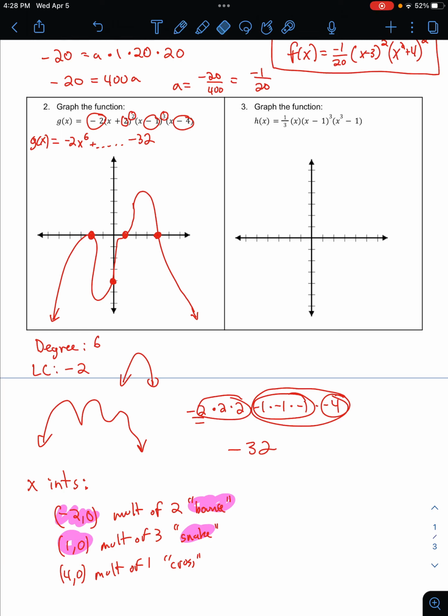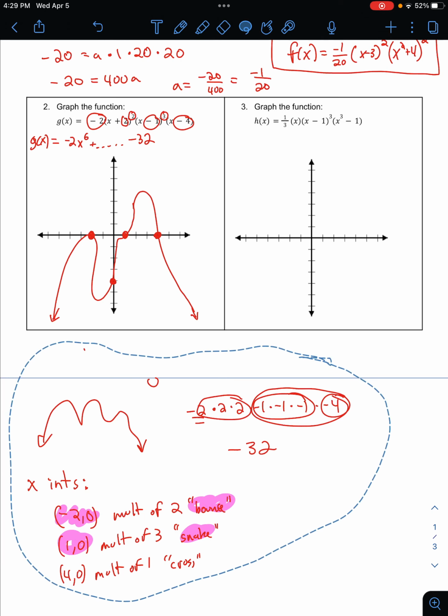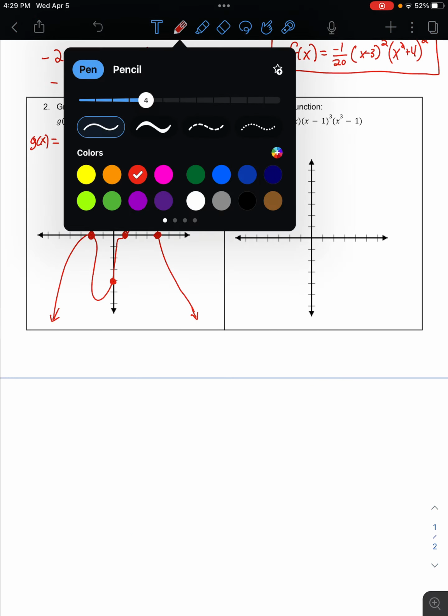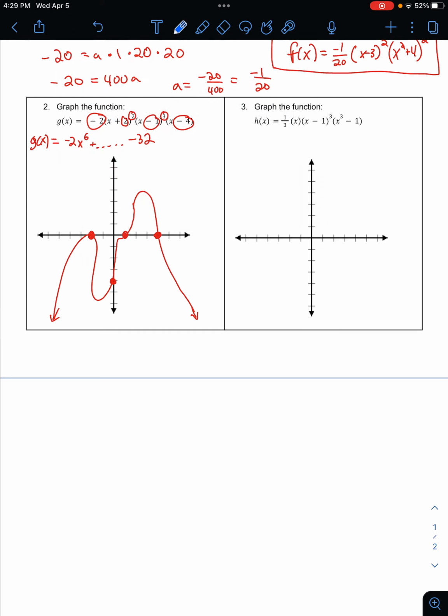Okay, and then this last one is very interesting. So let's try to erase all this. Okay, so first of all, I have x to the first, and we have a cubic, and then another cube. So this is going to be a degree 7 polynomial.